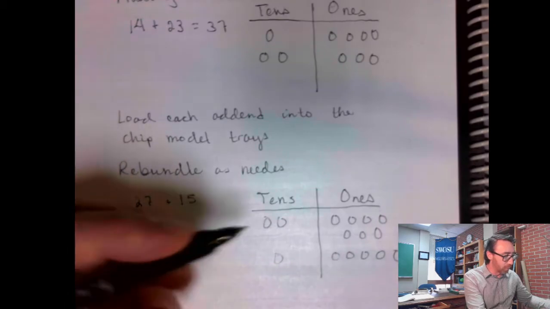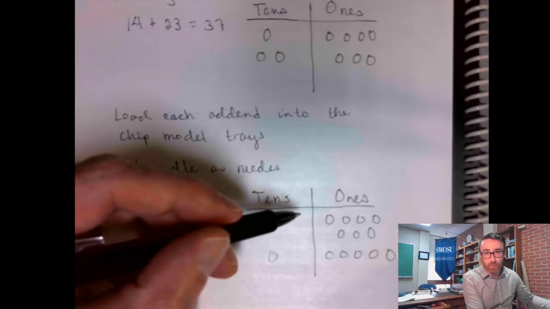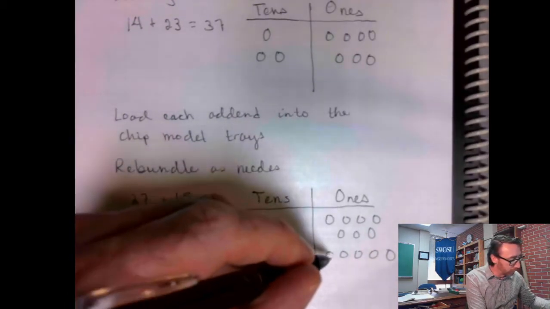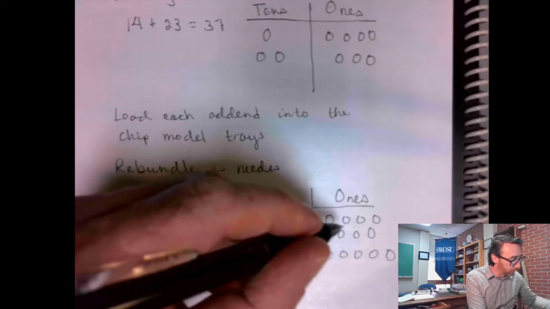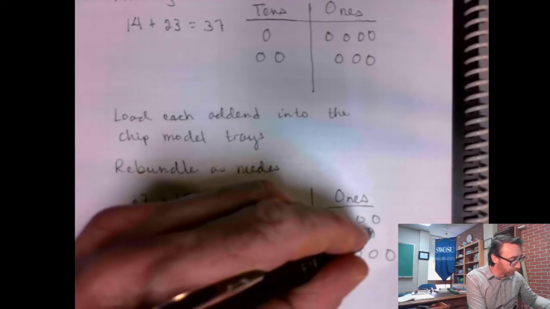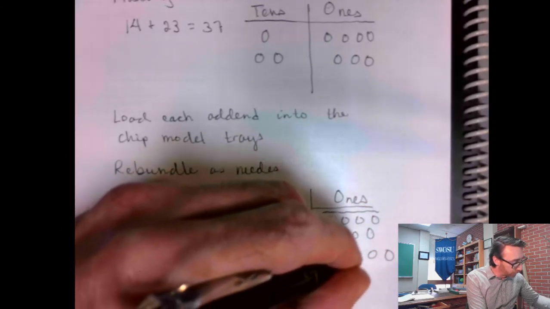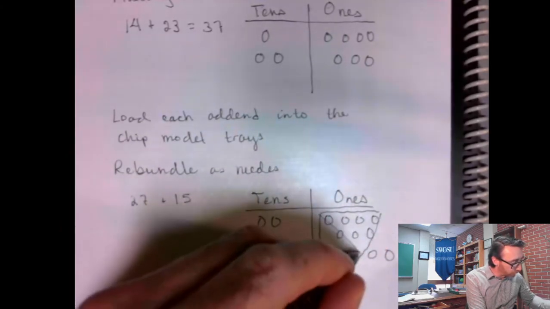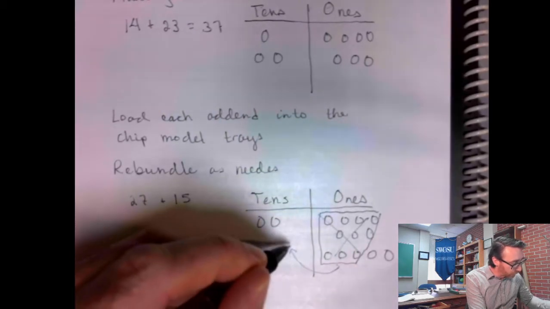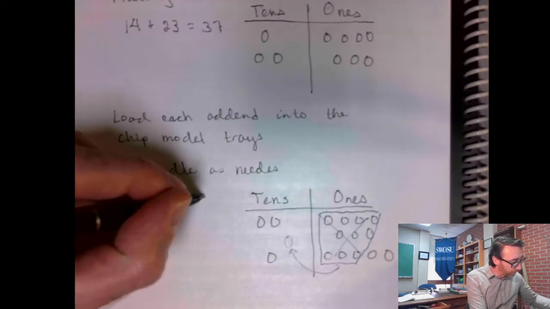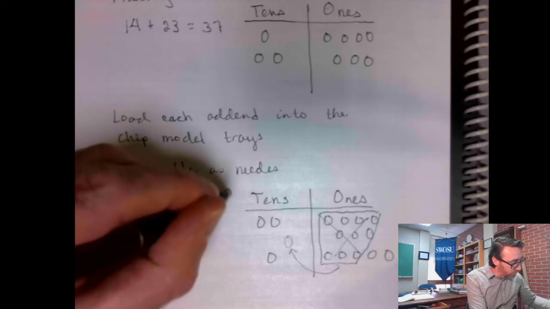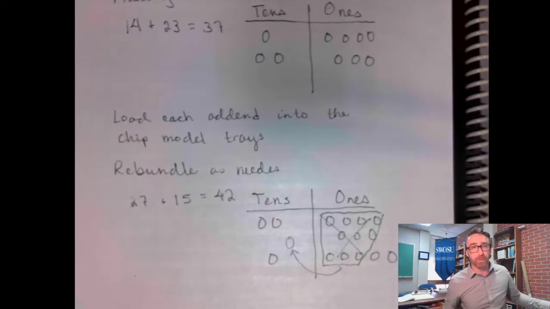Okay, this gives us more than 10 in the ones place, so what we need to do is rebundle. We'll take 10 of those, block them off, and trade them in for another tens chip. So we get 42.